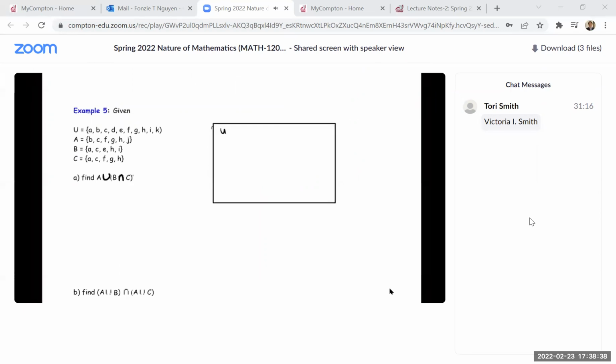So you've got the U. Do A and B and C all overlap? Looks like they all overlap. And they've all got H in it too. So that means all three are going to overlap.